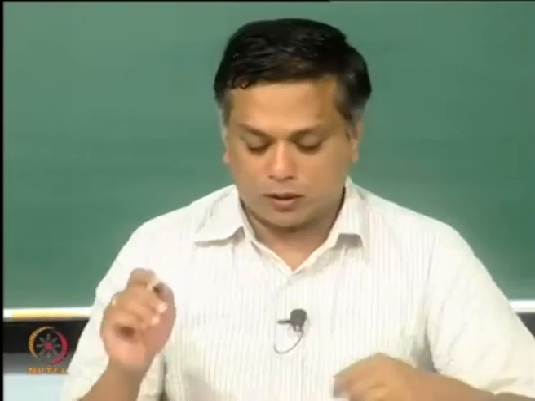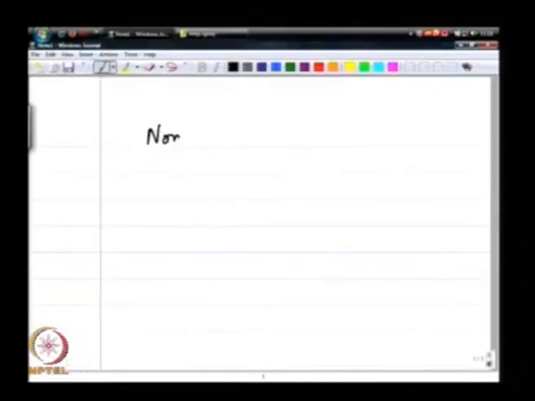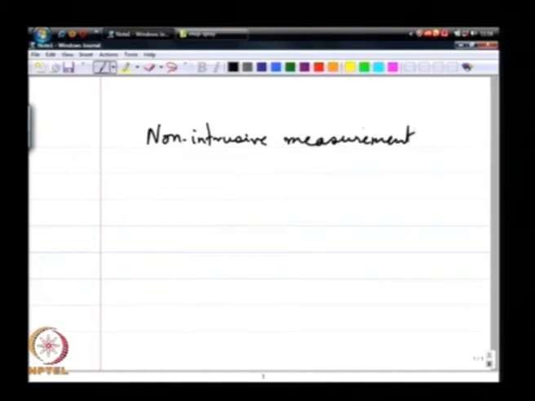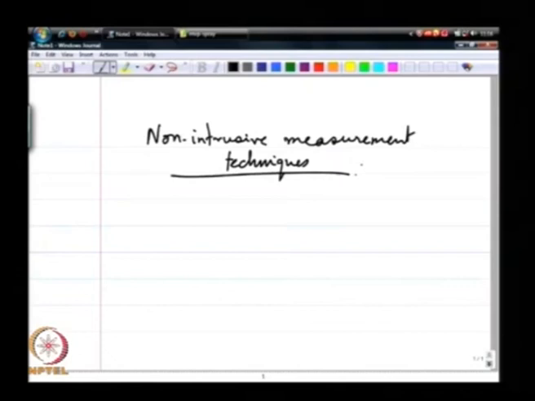So, we will learn a little bit about non-intrusive measurement techniques.